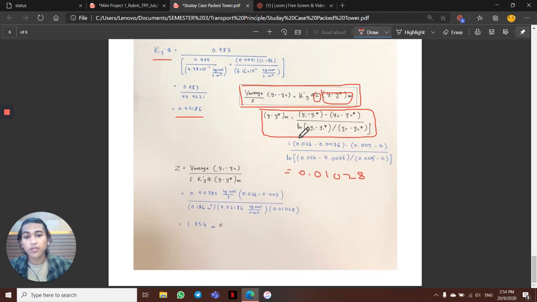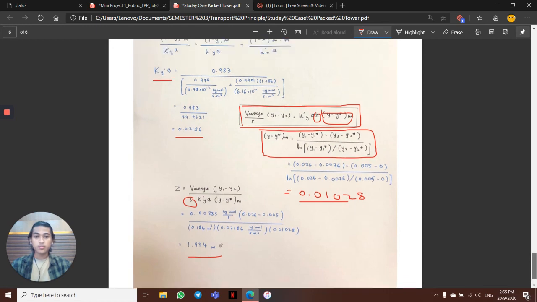Okay, and all of the information is already complete, so just insert the value for the V average, y1 minus y2 over S surface sectional area, k prime coefficient, capital K prime coefficient, y minus y star m that we have calculated already just now, and we'll get the final answer of the z for the capital K prime ya is 1.934 meter.